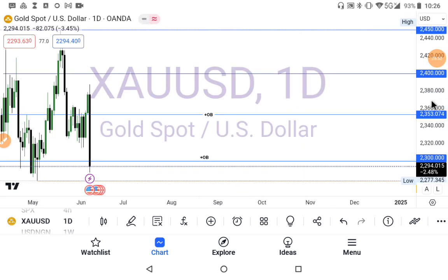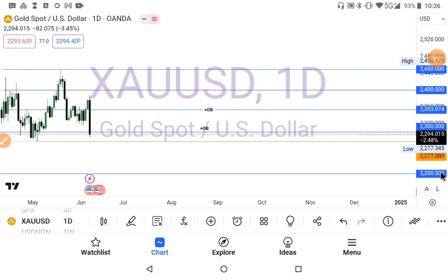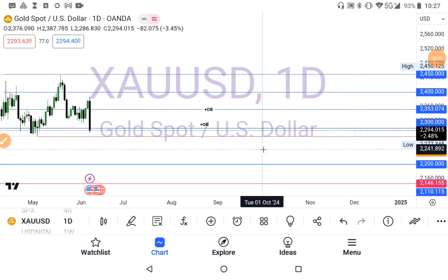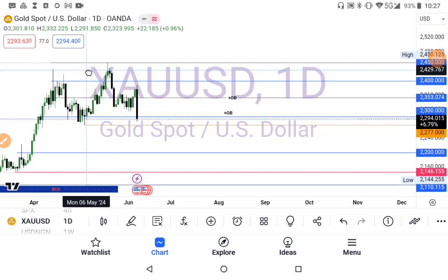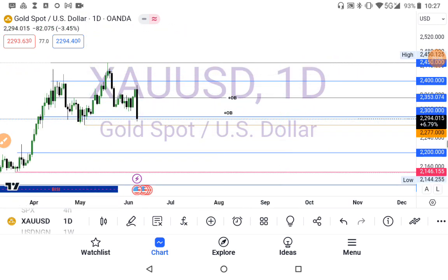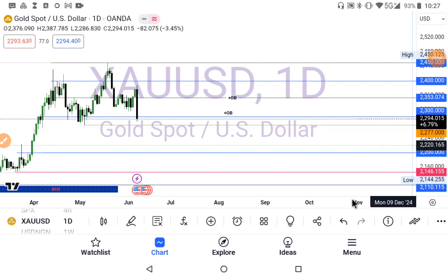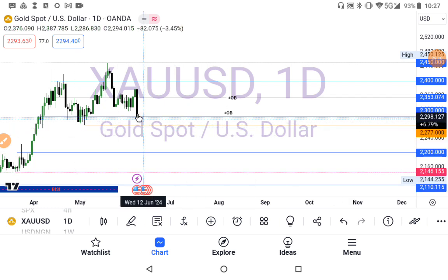On gold, I was interested in 2300. So was 2300 delivered? 2300 was delivered beautifully.